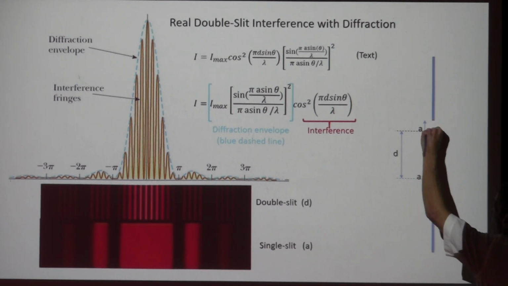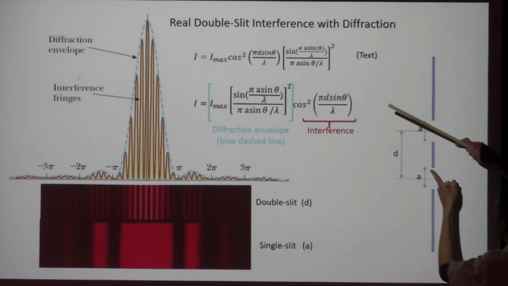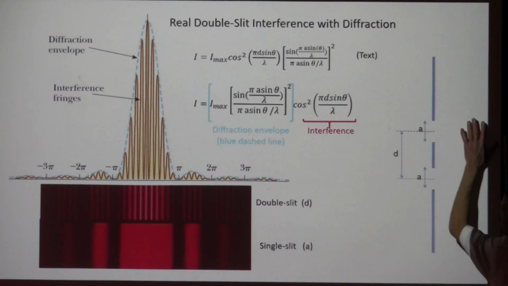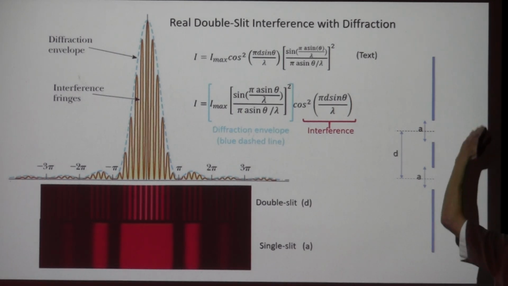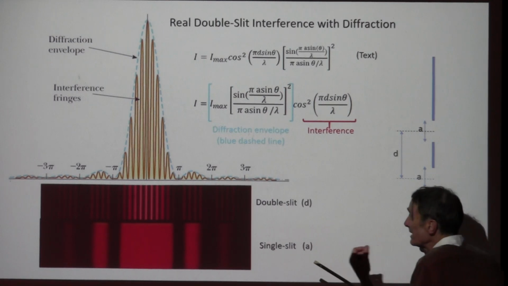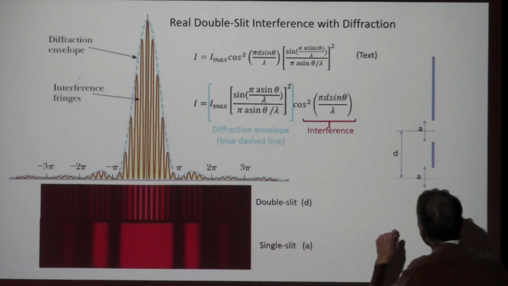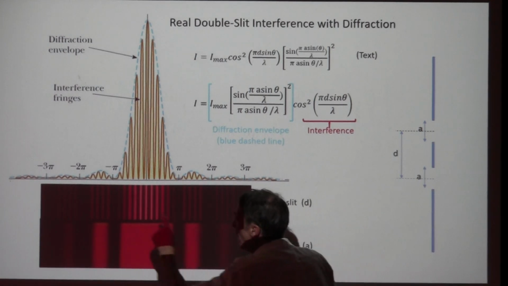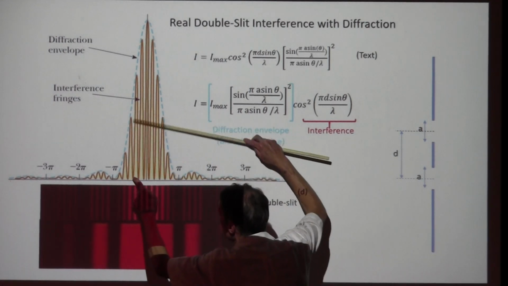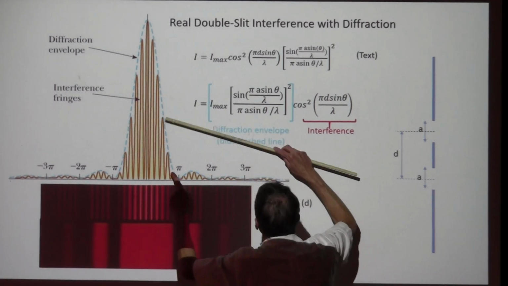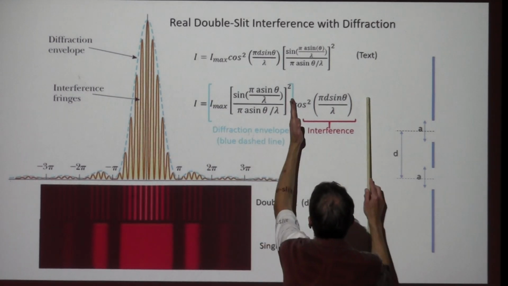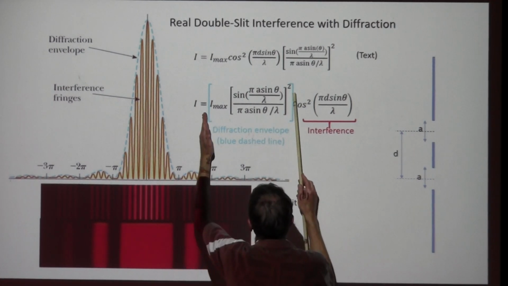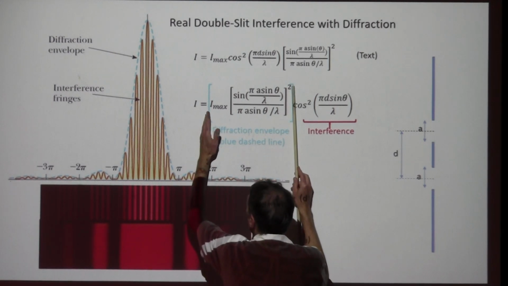Earlier, when we just dealt with 2 point sources, the idea that they would interfere out on the screen, anywhere out on the screen, they're going to be equal in magnitude in all directions. This isn't the case because we really have to have some width to the slit. So this red line would represent the interference taking place. And what's happening here is that interference is being modulated or enveloped, that's the blue dotted line, by this expression.